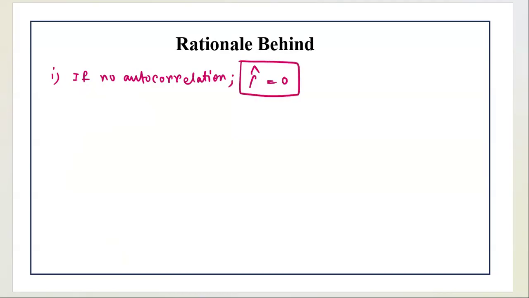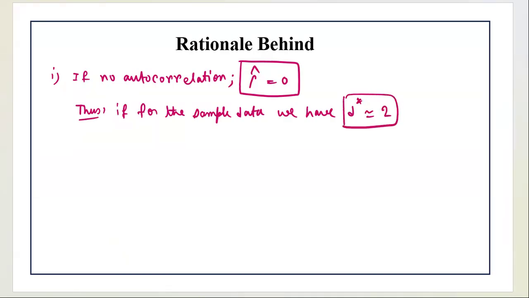So if there is no autocorrelation, then this rho value has to be 0, which basically means that if for the sample data we have D star, that is the computed value of D, exactly equal to 2, then we accept that there is no autocorrelation, right?